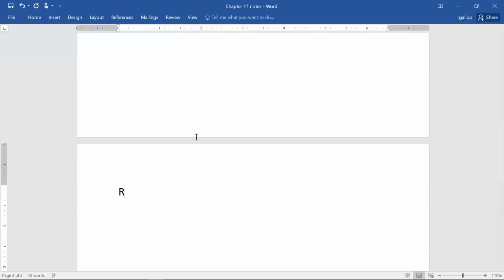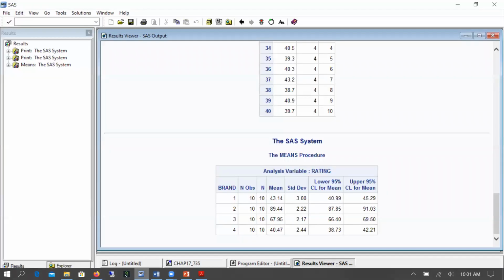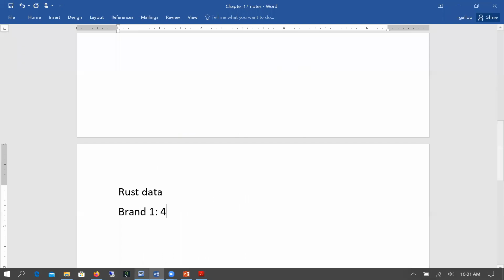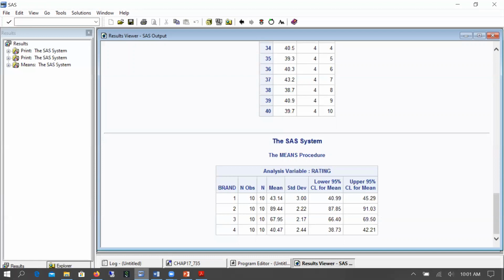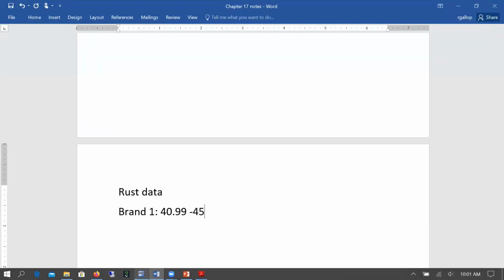And let's go ahead and go brand 1. So we got this confidence interval, as we just saw in our data set. 40.99 is the lower bound, and 45.29 is the upper bound.